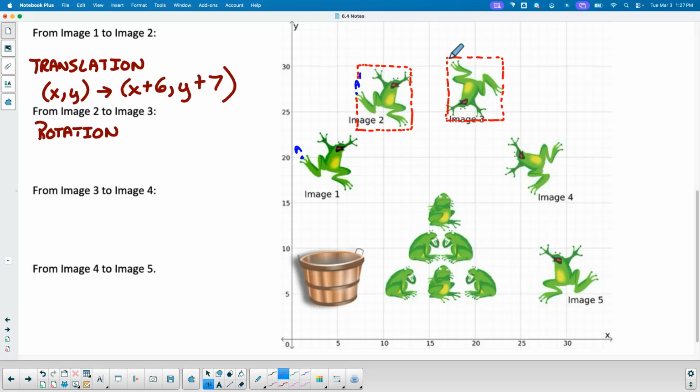Okay. So in your brain, this is where it's a little tricky. In your brain, if it rotates 90 degrees, the frog would be laying on its side, correct? So how far did it go? When it went 180 degrees. Okay. So does it matter which direction we go? No, because it's 180 degrees. Okay.